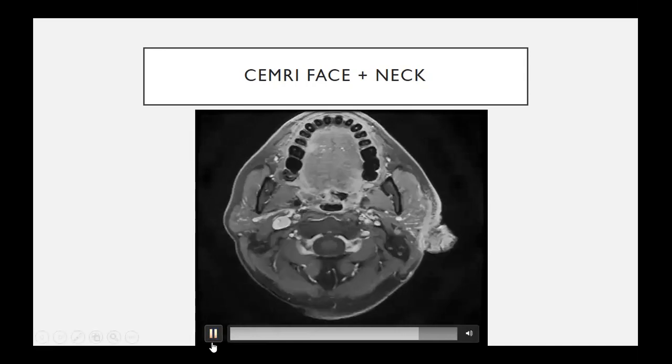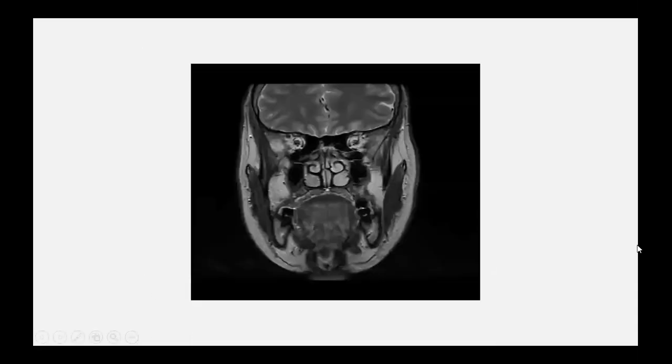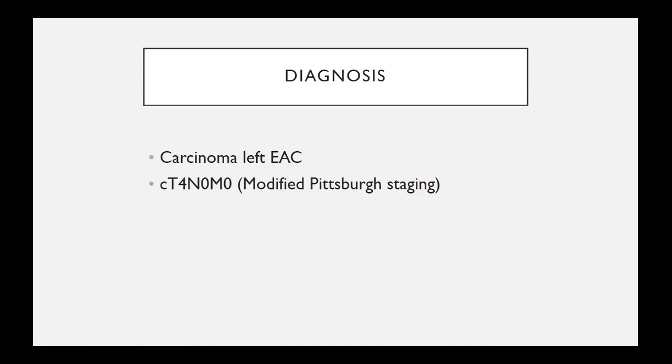Now tell me, with this information, what's going to be your treatment plan? First stage the patient and then give me a treatment plan. So it's a carcinoma of the left external auditory canal. According to the modified Pittsburgh staging, based on the clinical and radiological findings, it's a T4 disease, N0 and M0.